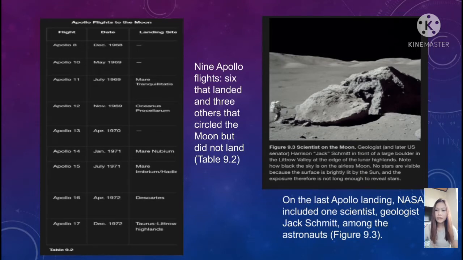The level of scientific exploration also increased with each mission, as the astronauts spent longer times on the moon and carried more elaborate equipment. Finally, on the last Apollo landing, NASA included one scientist, geologist Jack Schmitt, among the astronauts, as you can see in figure 9.3.